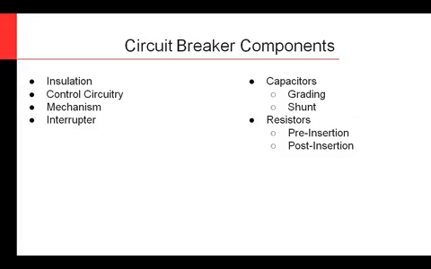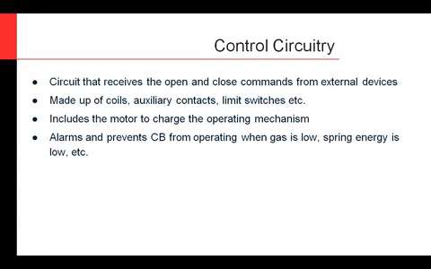So the mechanism performs the closing and opening operation, and then the interrupter actually interrupts the arc there. Now, in certain designs of circuit breakers, you'll have some extra components, capacitors such as grading capacitors or shunt capacitors, and you also have resistors, and they might be pre-insertion resistors or post-insertion resistors.